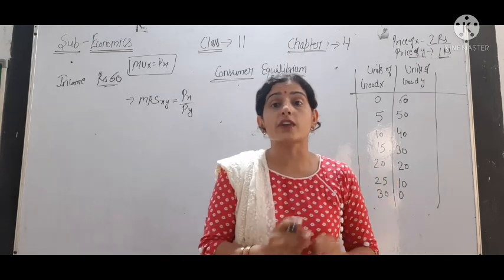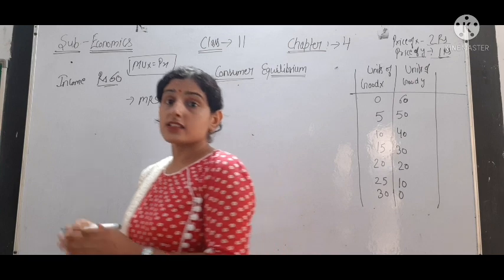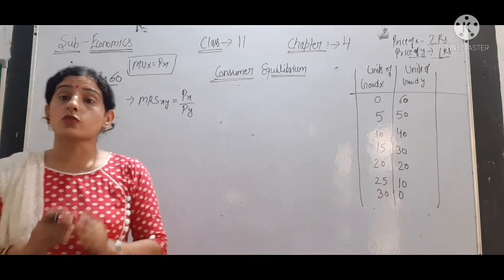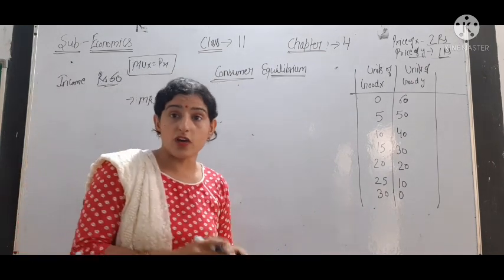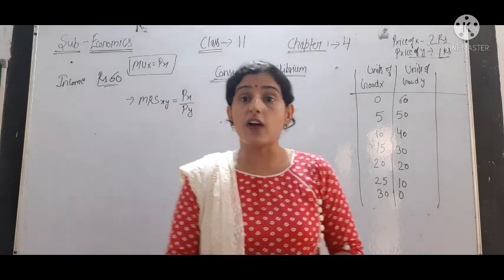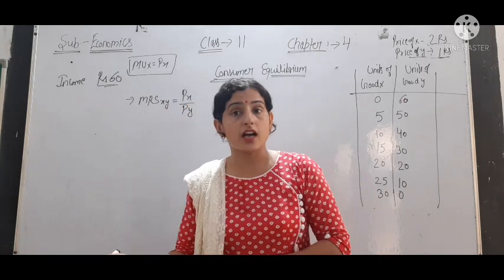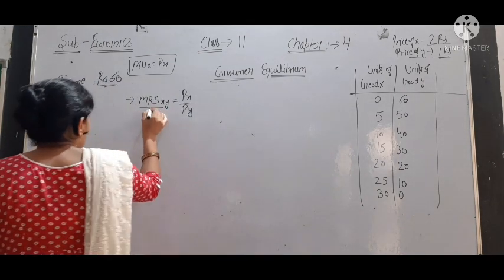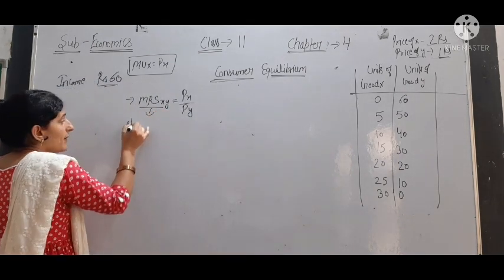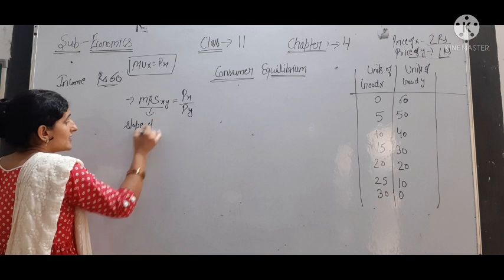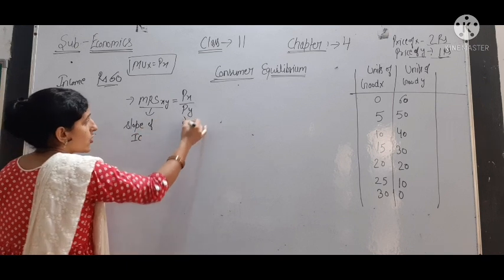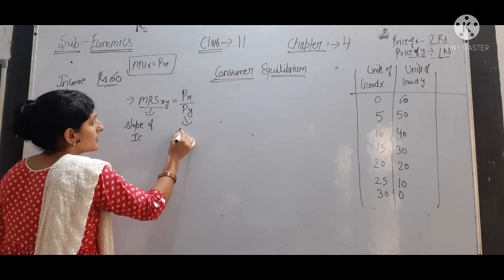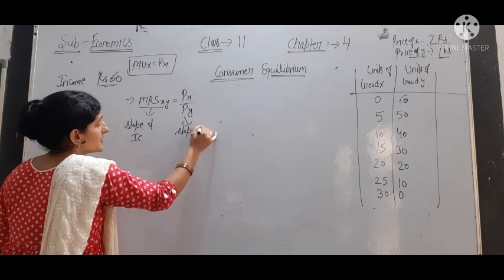It is the slope of the indifference curve that tells that when a consumer wants to consume more units of one commodity, then he has to sacrifice units of the other commodity, we can say commodity Y. So MRS is the slope of IC and this is the slope of budget line.